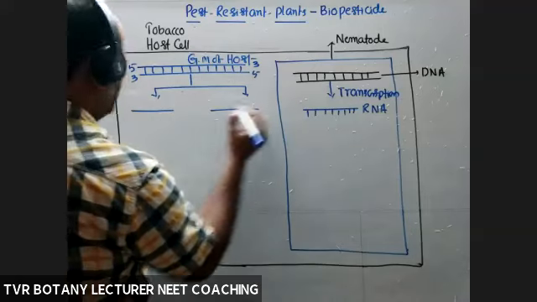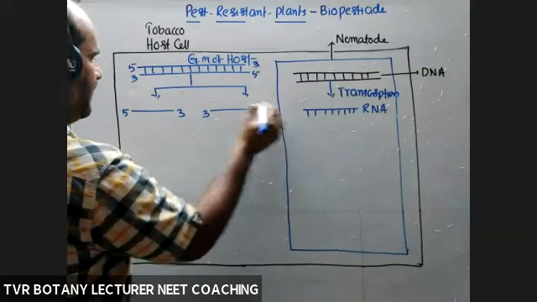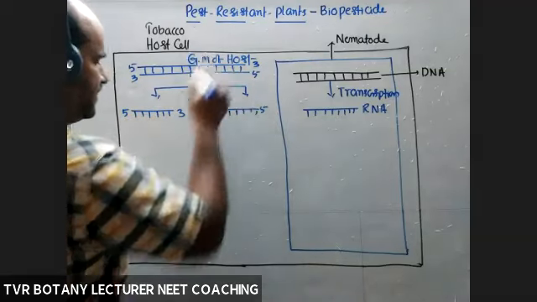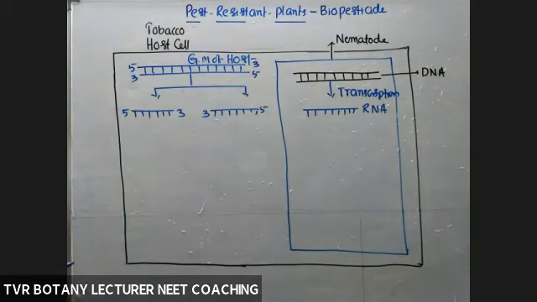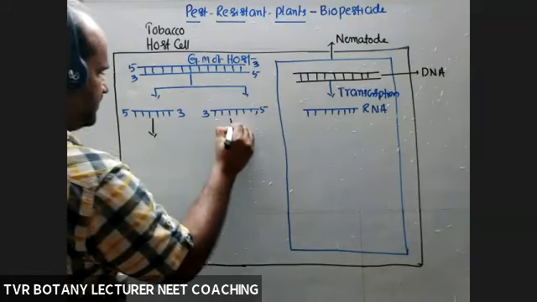Strand 1, strand 2, 5, 3, 3, 5. These are the strands of the concerned nucleic acid. Okay, right? So from this one, transcription.